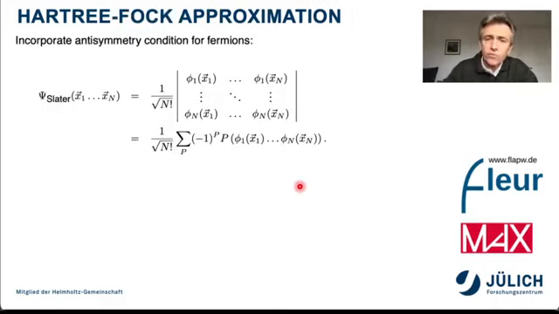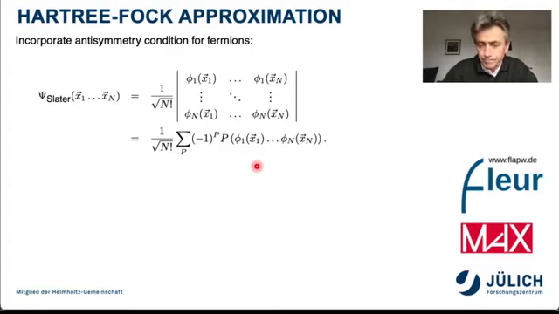If we go one step further to the Hartree-Fock approximation, then we use now a determinant wave function which incorporates the fermionic statistics in the way that if you exchange in such a determinant wave function two particles, then the wave function acquires a minus sign, as it should be for a fermion.